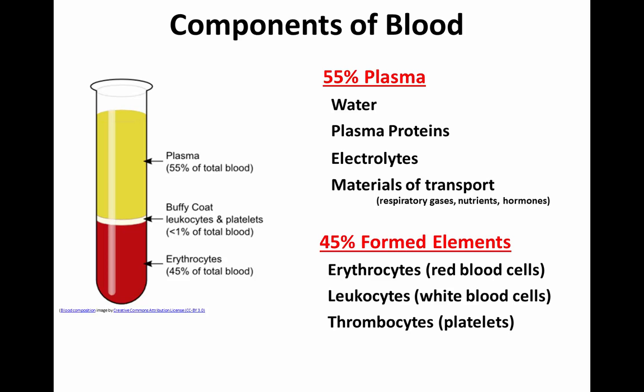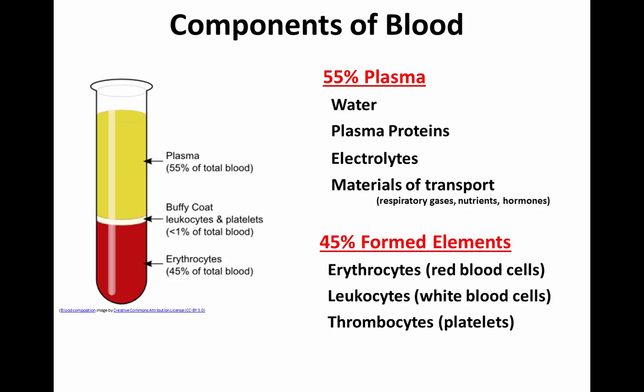It is mostly water, but there are also plasma proteins such as clotting factors and antibodies, electrolytes, which function in osmotic balancing and pH buffering, and materials that are transported throughout the body such as dissolved oxygen and carbon dioxide, respiratory gases, nutrients such as amino acids and sugars, carbohydrates that we receive from the digestive system, and also hormones from the endocrine system, to name a few.